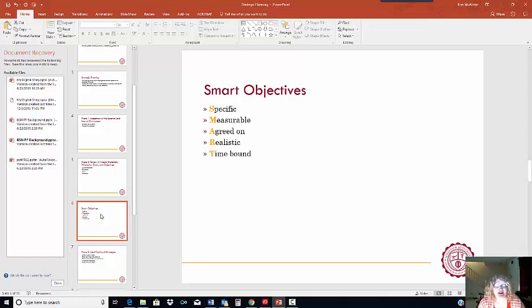Measurable: they have to provide a means to determine the goal has been met or is unmet. To reduce patient falls in 2019 by 10% per 1,000 occupied bed days. Agreed on: all parties that are responsible for meeting the goal must agree on it.